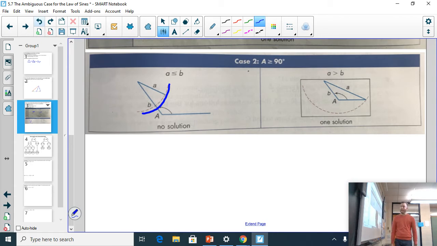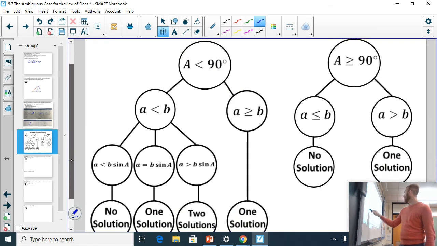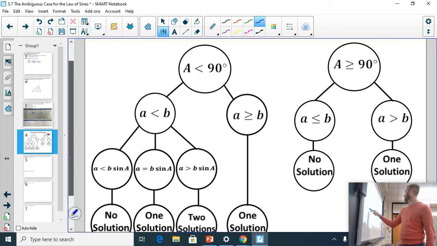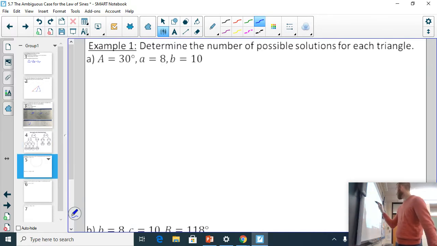And for all that, I've made a nice table for you to either copy down, or I can make it a material on Google Classroom so you can print it out. This is essentially what I'm going to follow to do our first example, which we're going to get into.